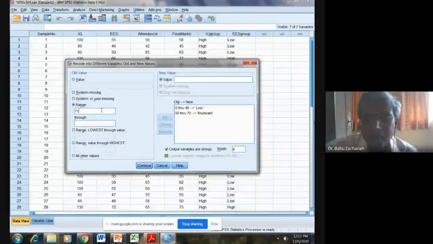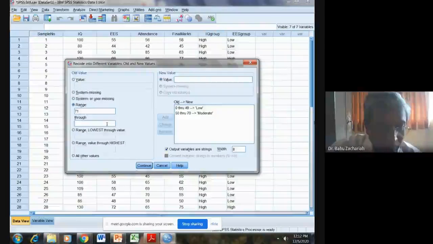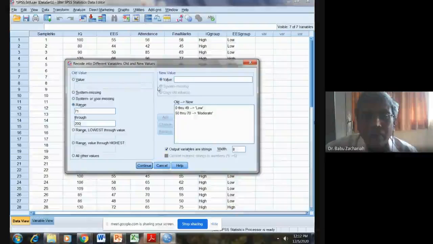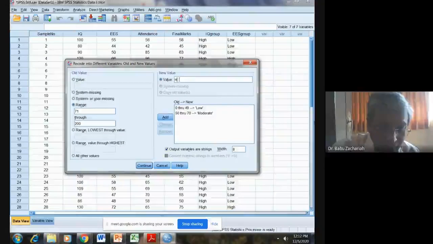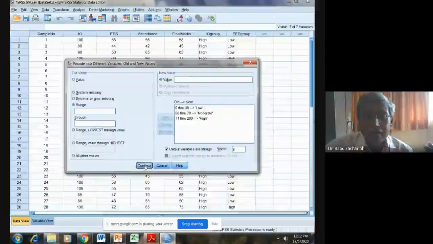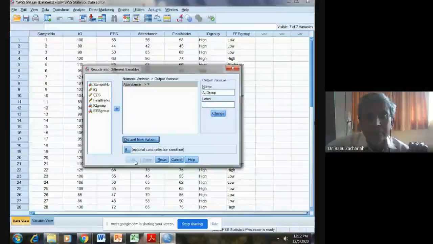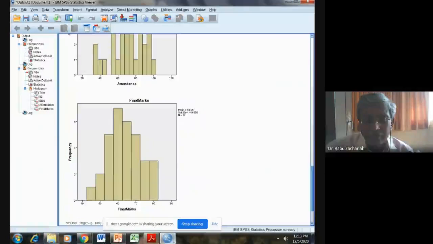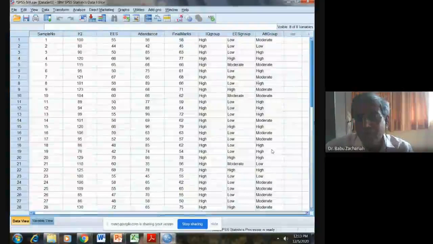Of course, I should have taken 69, but anyway, 70 is included there, so 71 I will include here, onwards up to a very big number. That is high. Continue, and click OK. So go back and see. So the third variable is also coded.